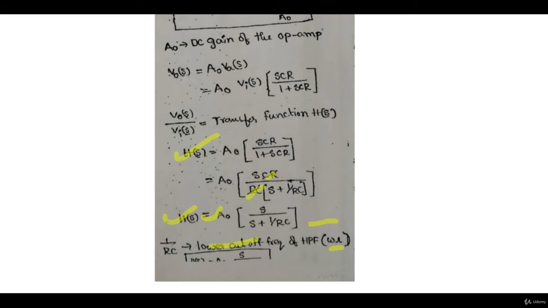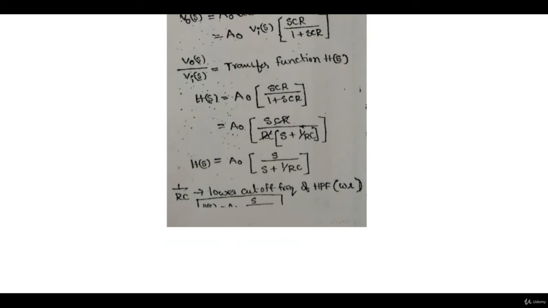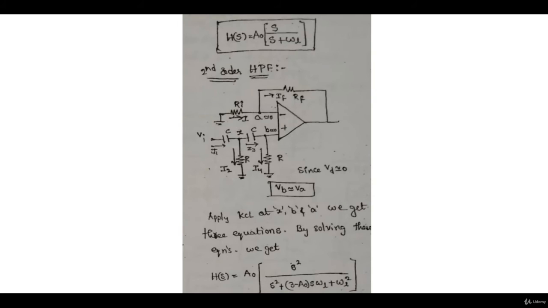Maybe in the next slide it will be there. Yeah, so H(s) is A0 s upon (s plus omega L). This is the transfer function of the first order high pass filter RC. So above 1 by RC the signal will be passed, below 1 by RC the signal will not pass.